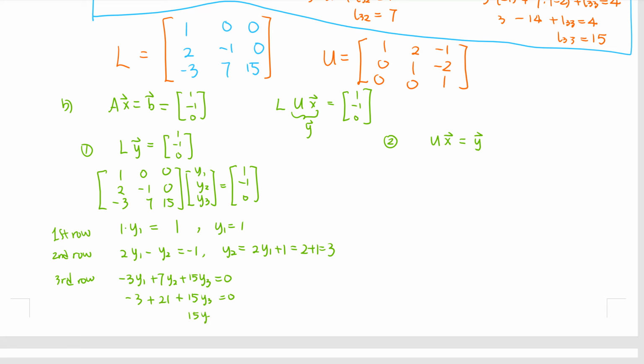This is like 18. When we move 18 to the other side, it becomes minus 18. So Y3 is minus 18 over 15. The common factor is 3, so minus 6 over 5. So now we can see Y equals, Y1 is 1, Y2 is 3, Y3 is minus 6 over 5.